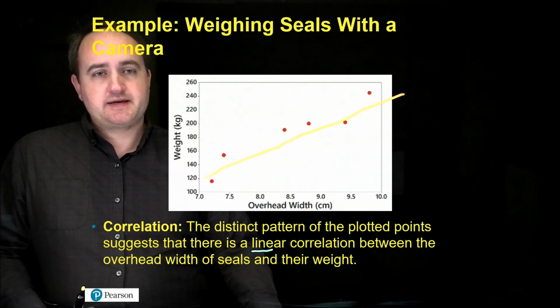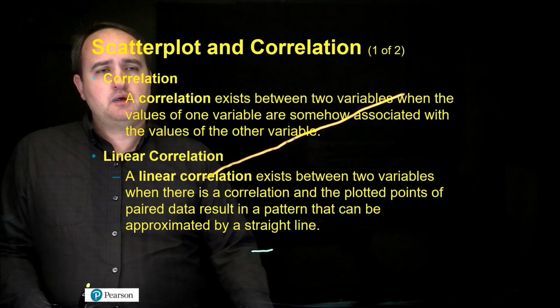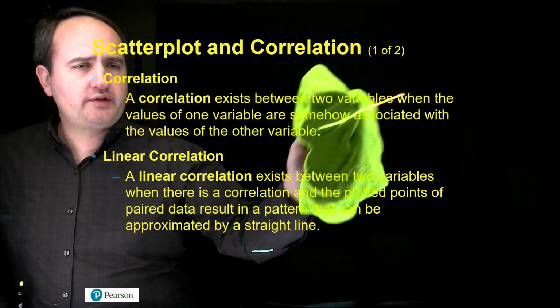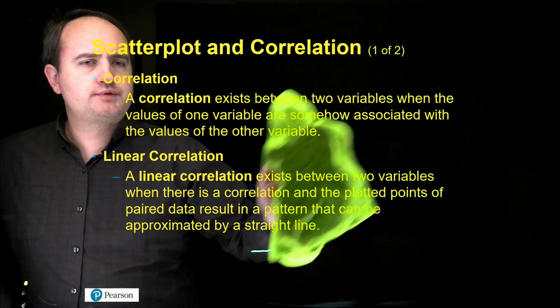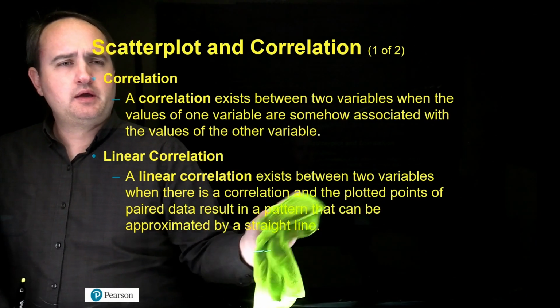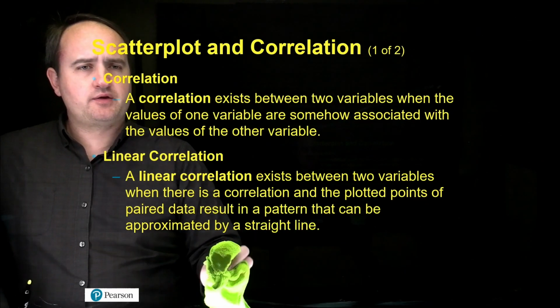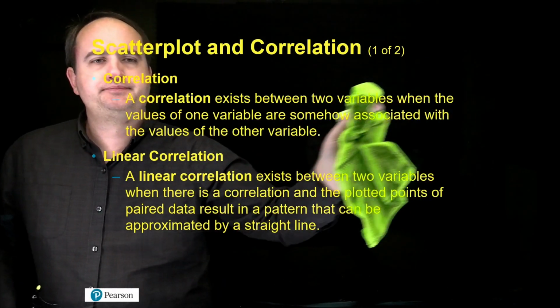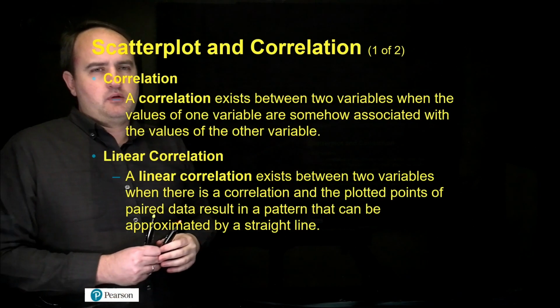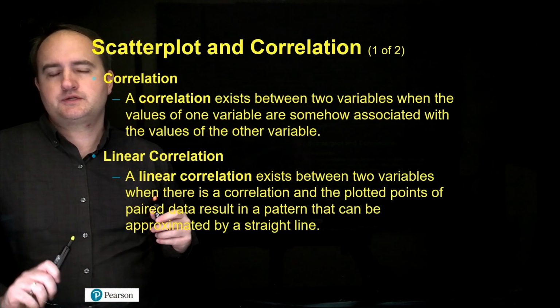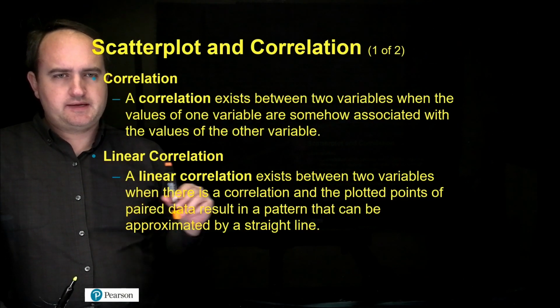So let's go back to the definitions that we're learning. Okay, so like I just said, correlation exists between two variables when the values of one variable are somehow associated with the value of the other variable. But for us, because we're just doing kind of an introduction to correlation, we're just focusing on linear correlation.